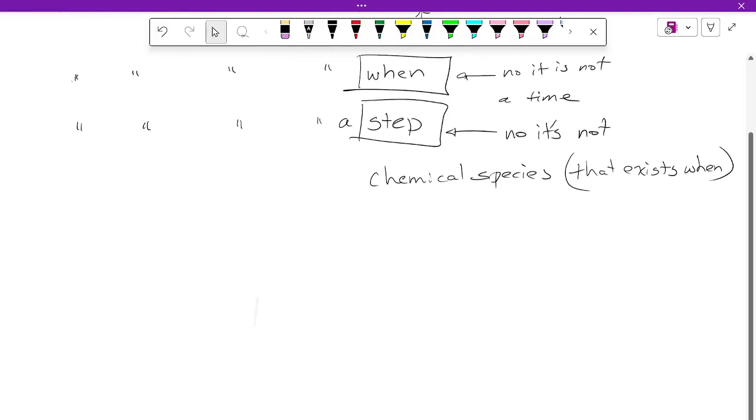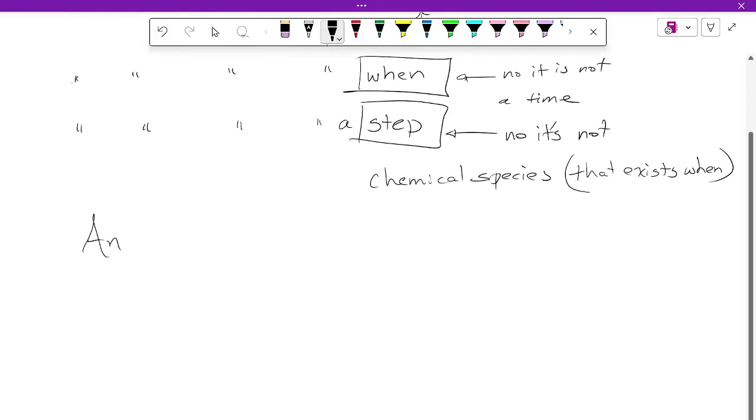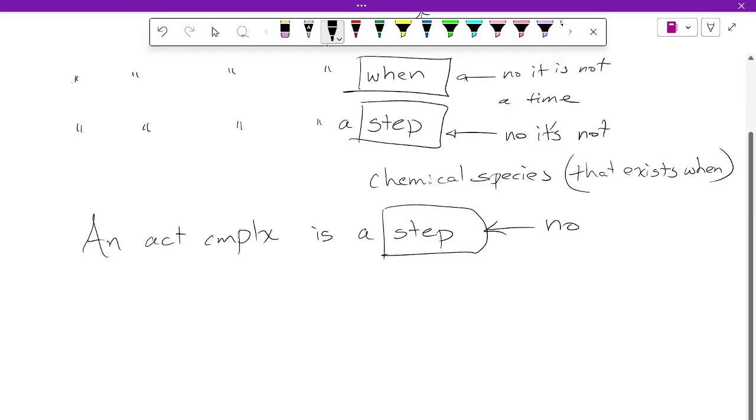Similarly, an activated complex is not a step. So I got it is a step. No, it's not. Is it the time?